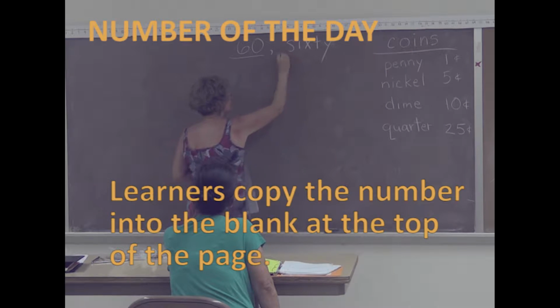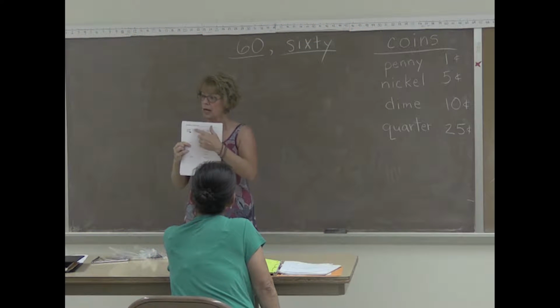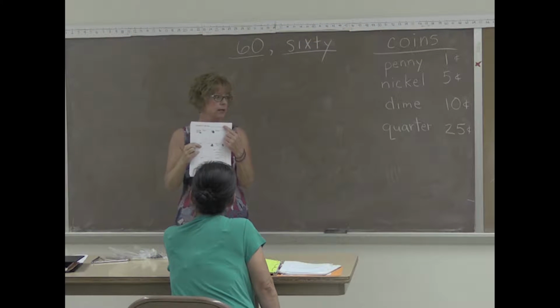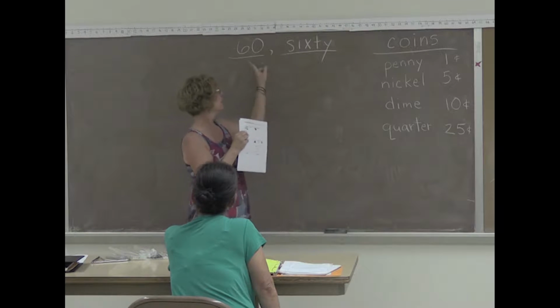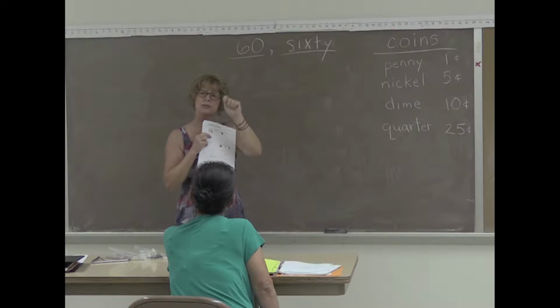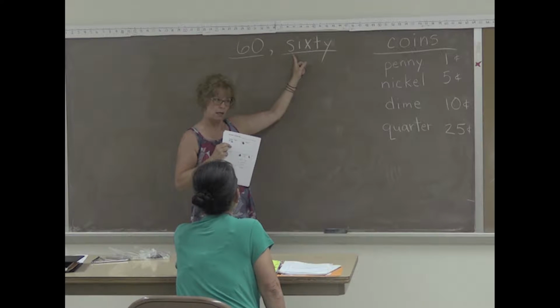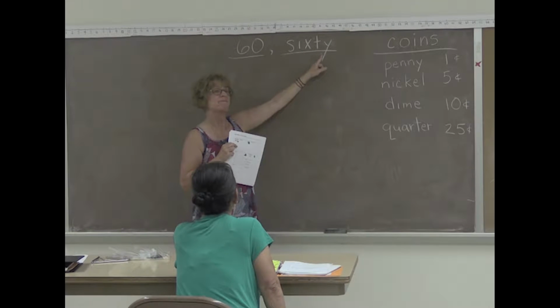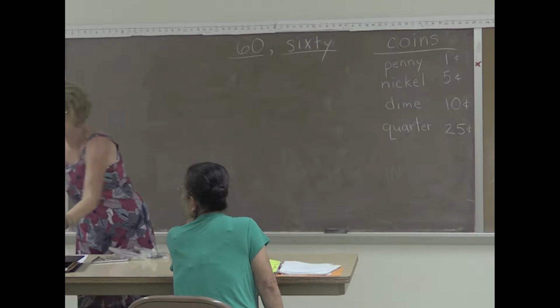After the comma, you will spell the number for today on the next line. What do you put on the first line? 60. And what do you spell on the second line? S-I-X-T-Y. Good. Okay, go ahead and do that.